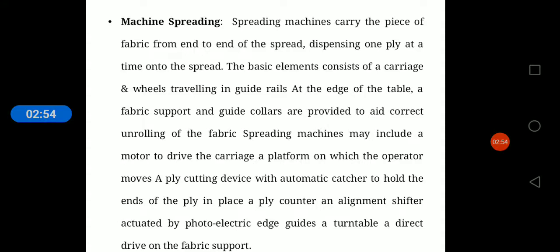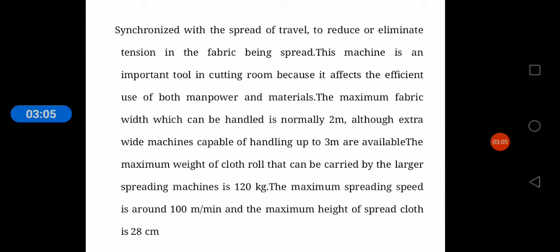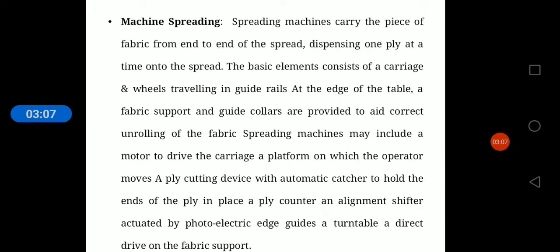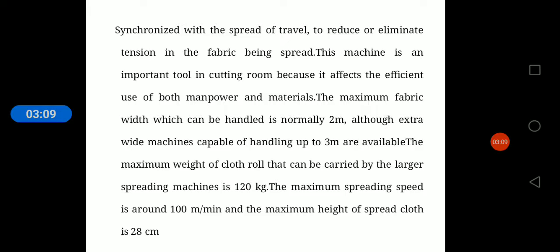The automatic catcher follows the photoelectric edge guides to drive the fabric support of the spreading wheel, and it is synchronized with the spread travel to reduce or eliminate tension in the fabric being spread.